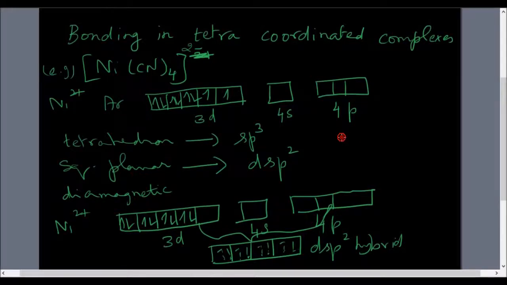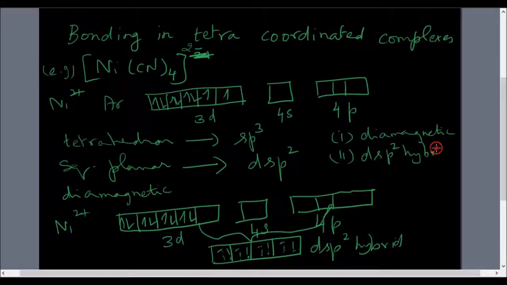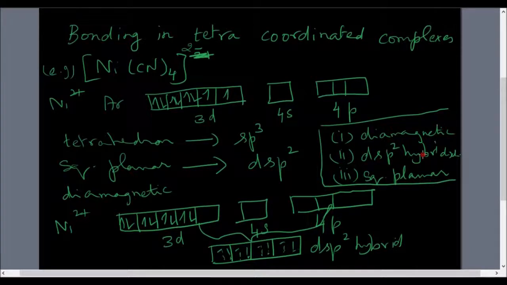So what will be the things that you will have to write when you discuss bonding? One is the given data, that it is diamagnetic. Second is the hybridization, that is it is having dsp2 hybridization in the molecule. And then you have to mention that it has a square planar shape. Okay, so these are the things you will have to mention when you discuss bonding in a complex.